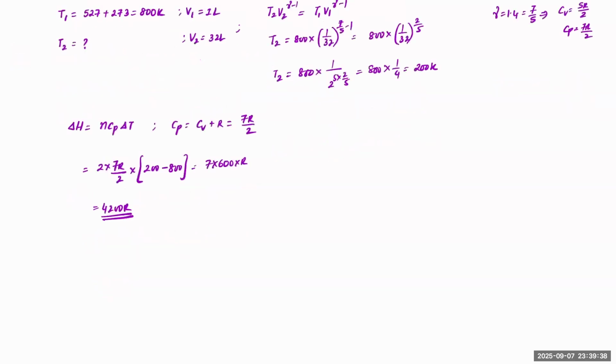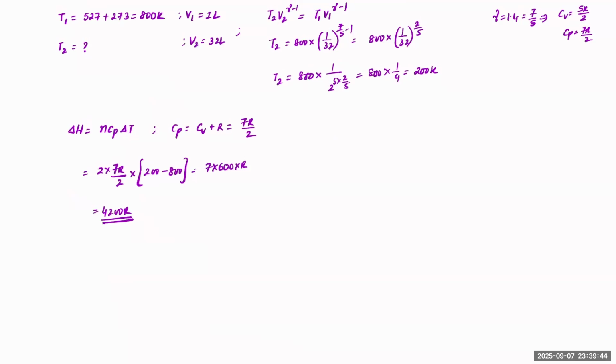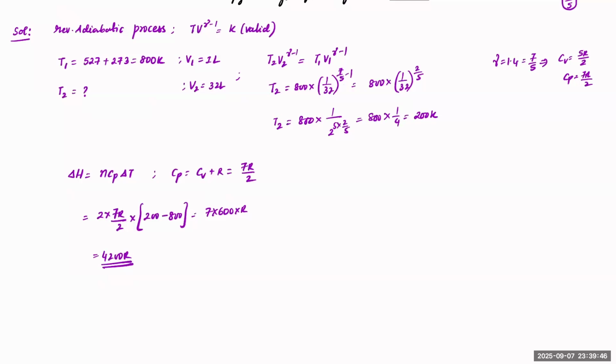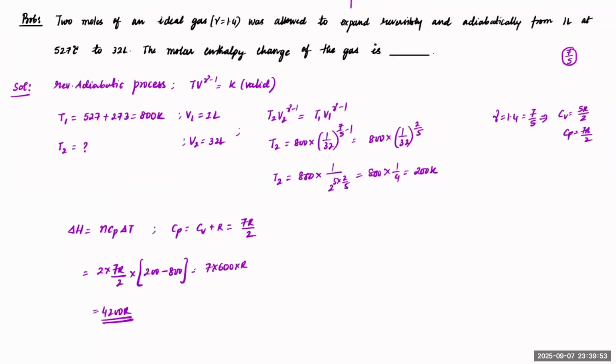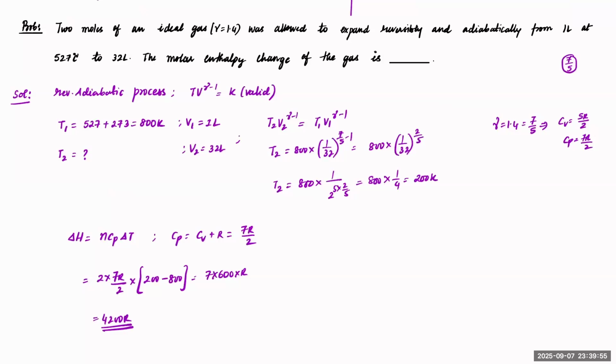Again, depending upon what is given to you, you check out. If the question is given in terms of calories, multiply that with 2. If it is in joules, 8.314. I request all of you to check once carefully.